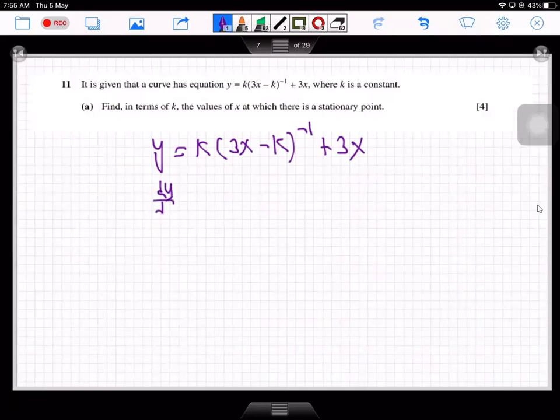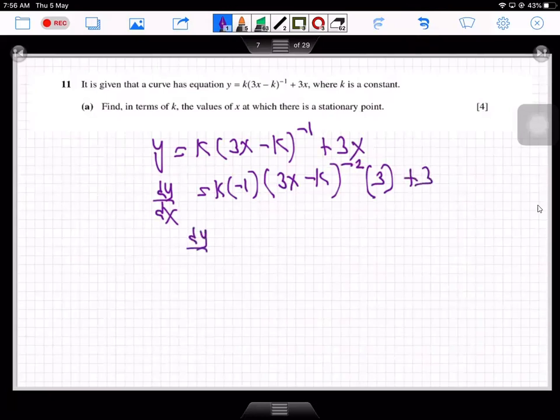So for dy over dx, it will be k multiplied by minus 1 multiplied by (3x minus k) raised to the power minus 2, multiplied by the derivative of 3x minus k, which is 3, and then the 3x term will be differentiated and become 3.